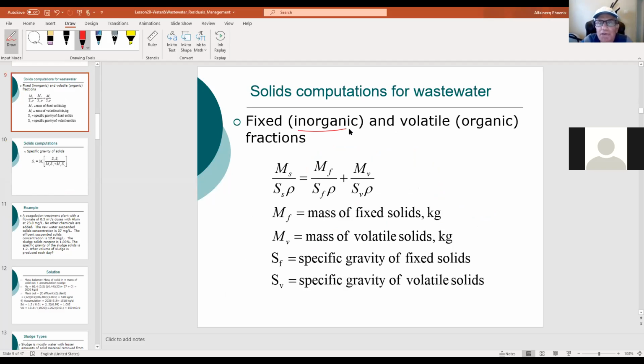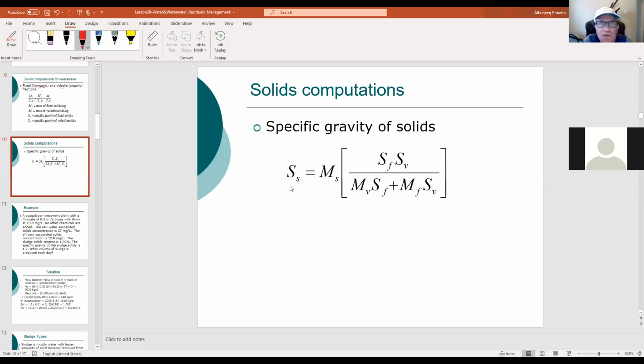Fixed inorganic and volatile organic fractions can be calculated through these formulas as well. Specific gravity of solids can be calculated through this one as well. So these are sets of formulas for calculating different things.